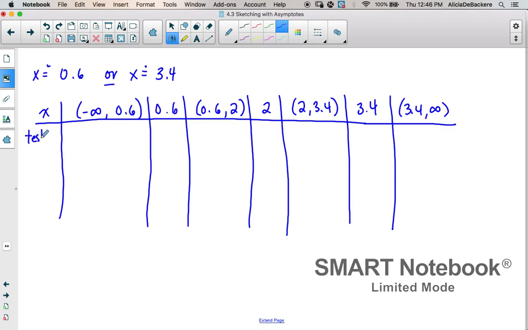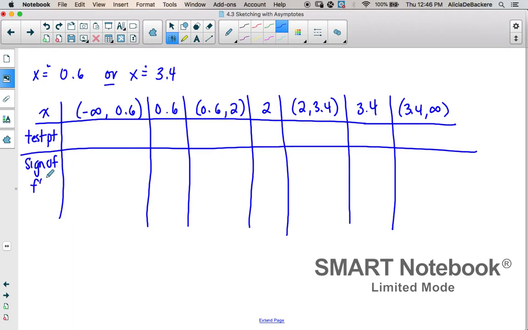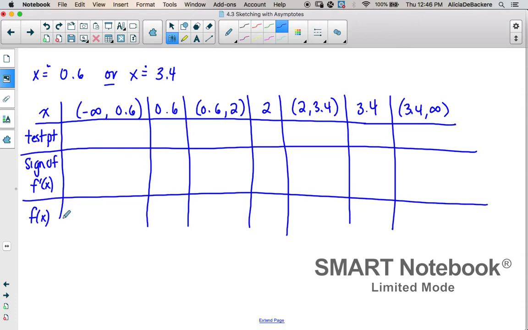Okay, we're going to pick a test point. We'll find the sign of the derivative. And then we'll look at what's going on with f of x.